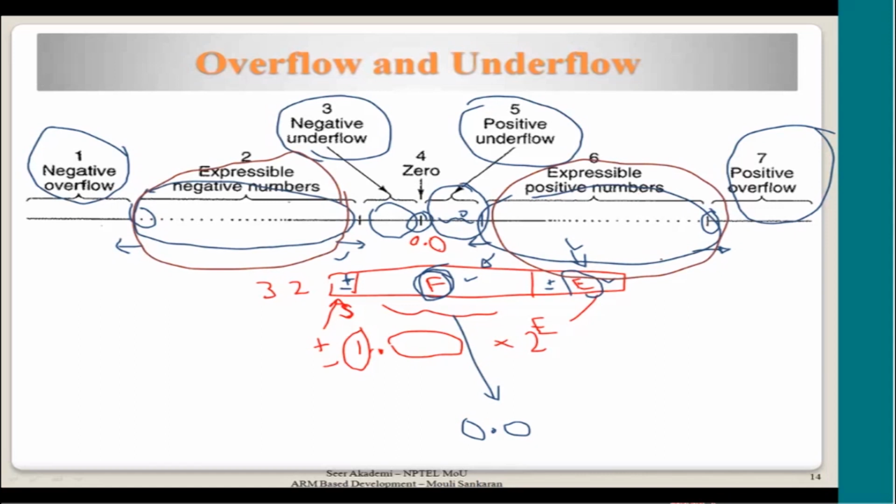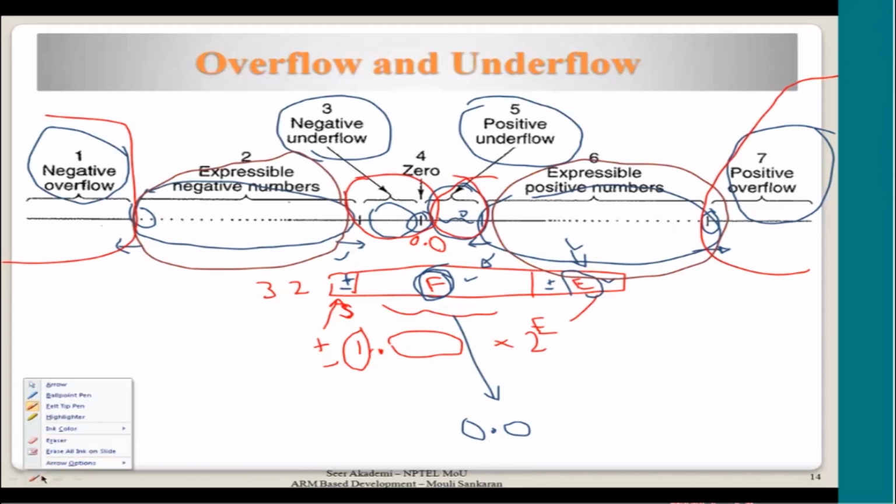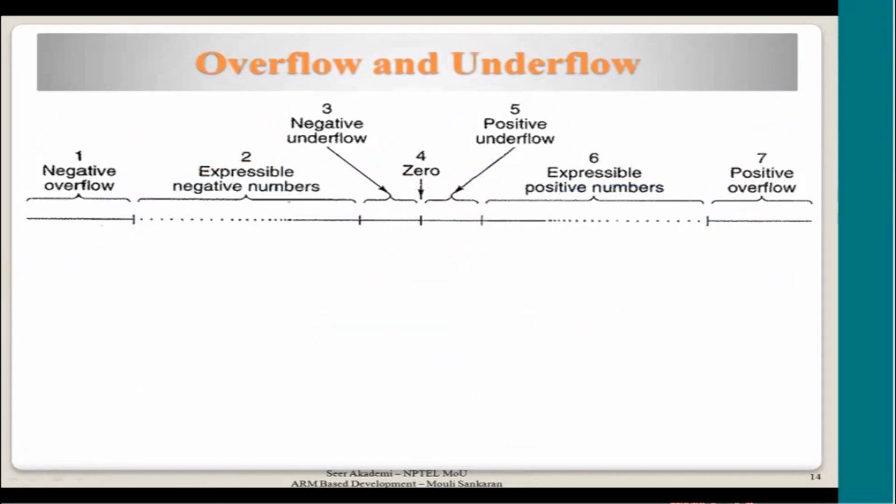I can't represent these numbers which are falling in these ranges. Anything beyond this, and anything within this, and anything within this. Got it? This you should always have in mind to have a better understanding of floating point.